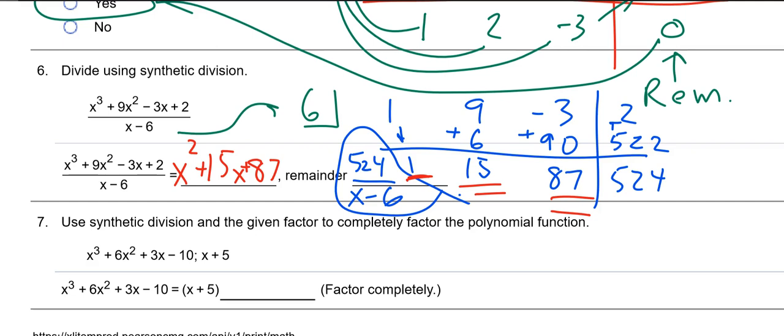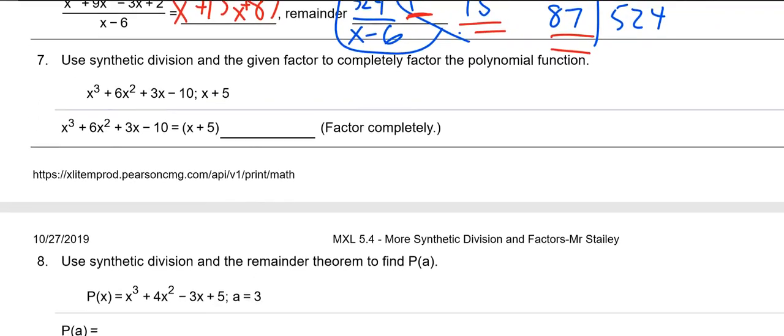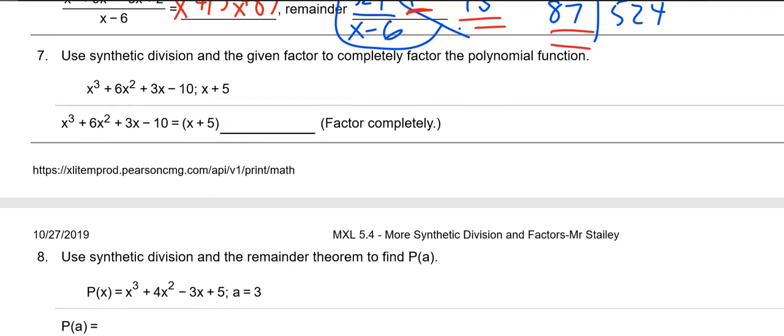Now, question 7 kind of goes along with some of the stuff we were doing in the last section. Use synthetic division and the given factor to completely factor this. Now, if you'll notice in question 7, they have given you a hint. They're telling you that x plus 5 is a factor.